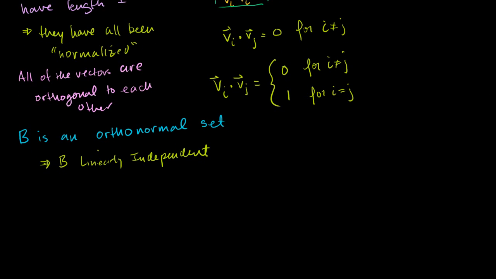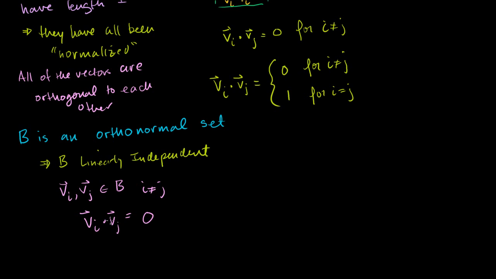Let me take vi and let me take vj that are members of my set, and let's assume that i does not equal j. Now, we already know that it's an orthonormal set, so vi dot vj is going to be equal to 0. They're orthogonal. These are two vectors in my set.